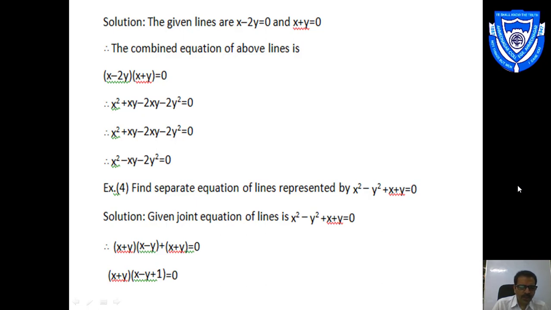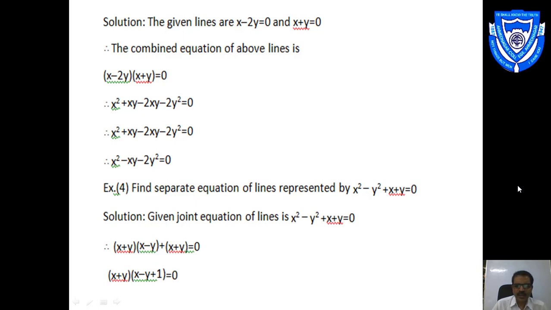So we got two terms, x plus y into x minus y, and the second term x plus y is equal to 0. Among these two terms, x plus y can be taken to be common. Taking x plus y common, we get x plus y into x minus y plus 1 is equal to 0.